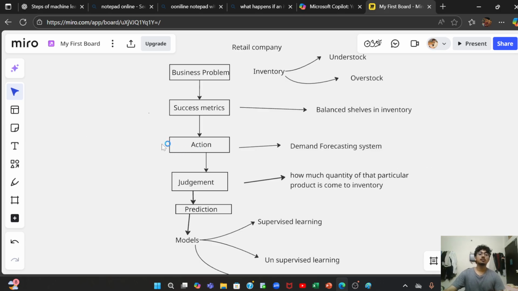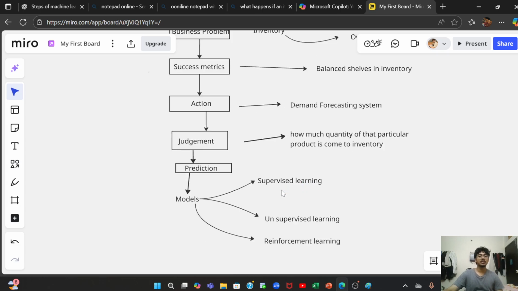After that, we think about making models, and by making models, we predict, and after prediction, we make a judgment, like how much quantity of that particular product should come to the inventory. Suppose we make a model, and that model predicts that, let's suppose, we take a company which makes tables, chairs and almirahs.